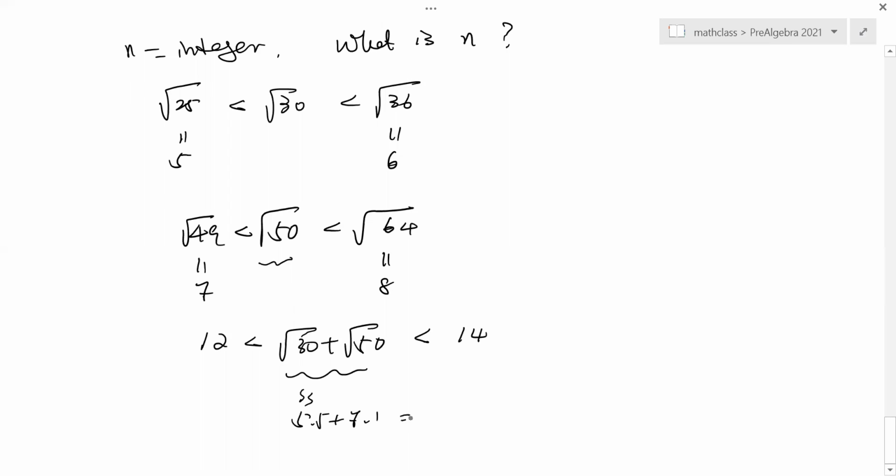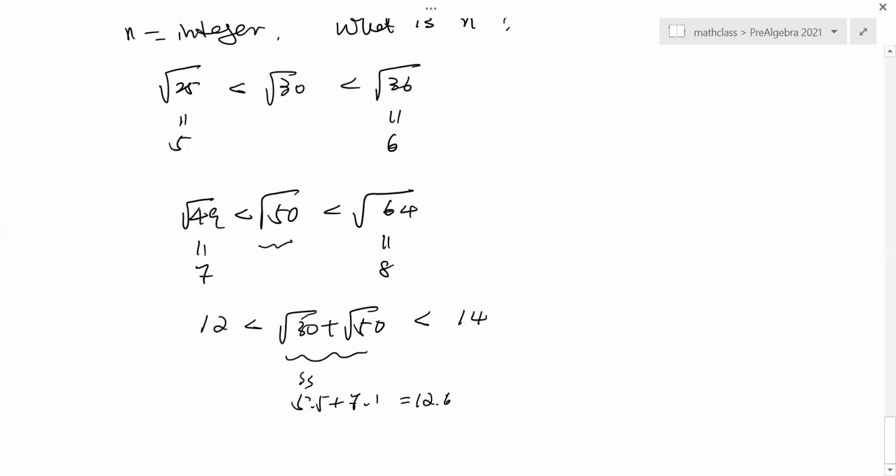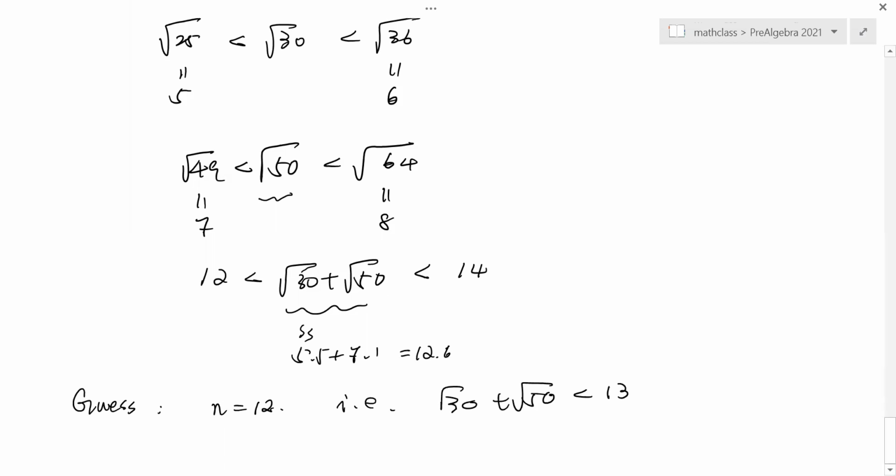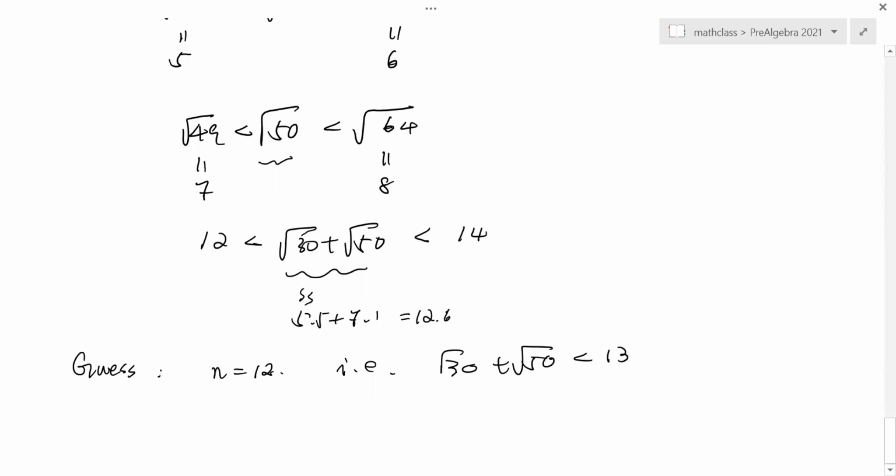So this possibly is going to be 12.6, something like that, right? That's my rough estimate. So my guess is n equals 12, in other words, square root of 30 plus square root of 50 is less than 13. I have to find a way to prove it.